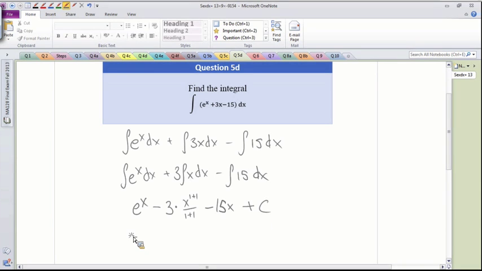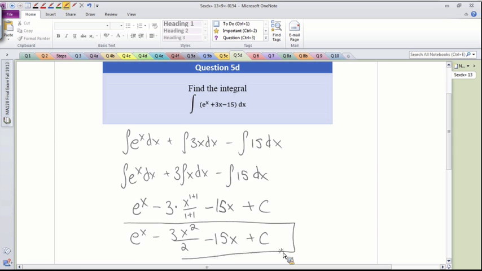But I'll clean it up a little bit. I'll simplify the middle term as 3x squared over 2 minus 15x. So that should be our final answer. Any questions?